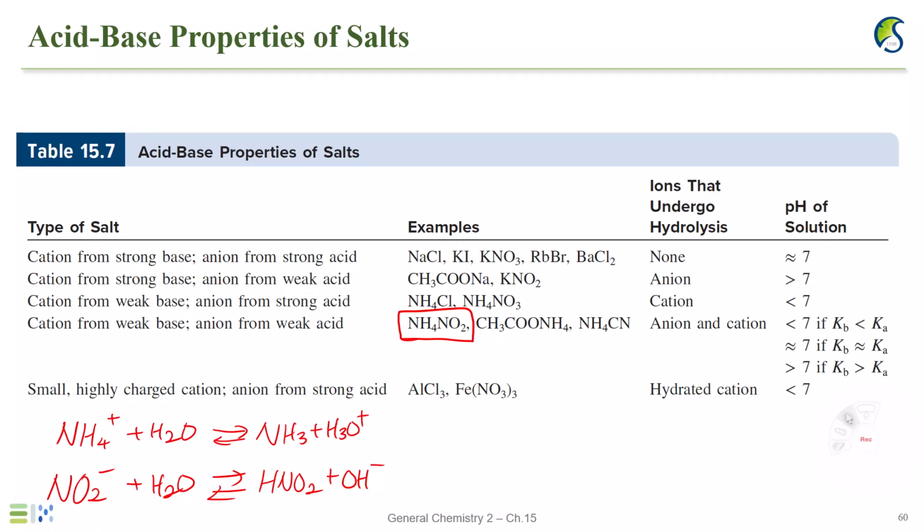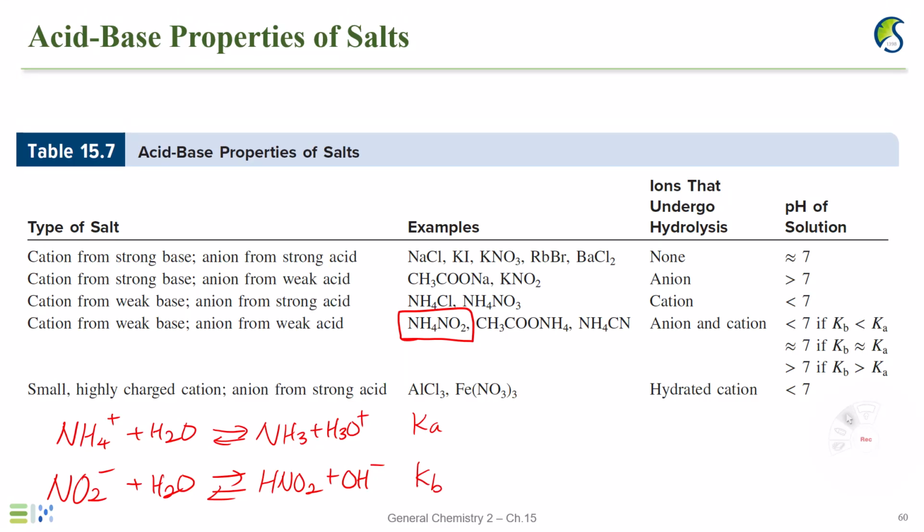And at the same time, because they are conjugate acid and conjugate base, from the table you can find the Kb and Ka for these anions and cations. So this is an acid, so this would have a Ka. This is a base, so this would have a Kb.